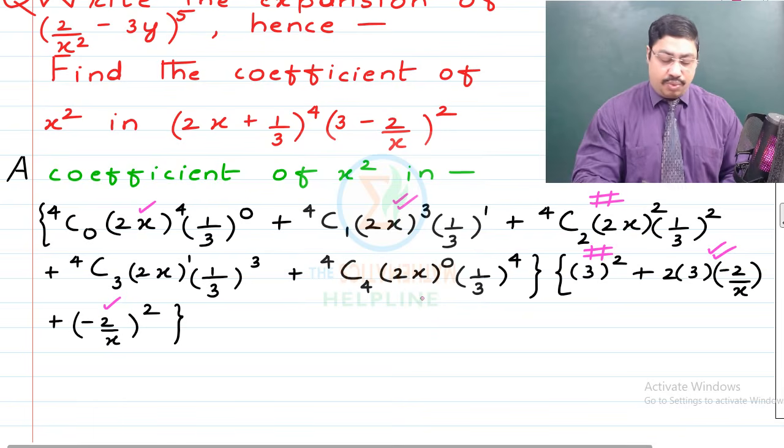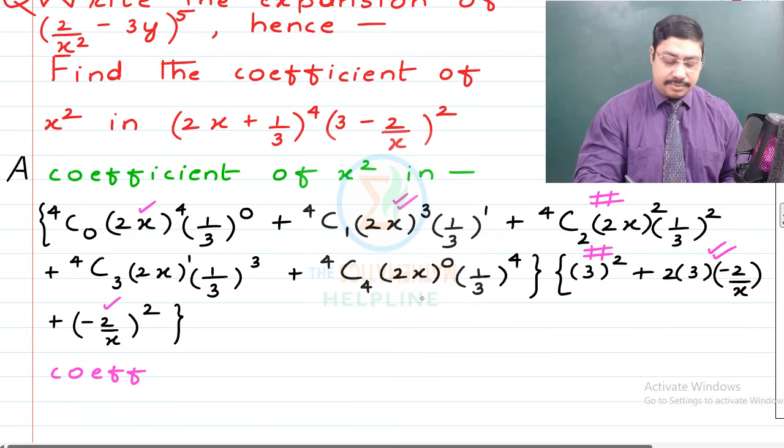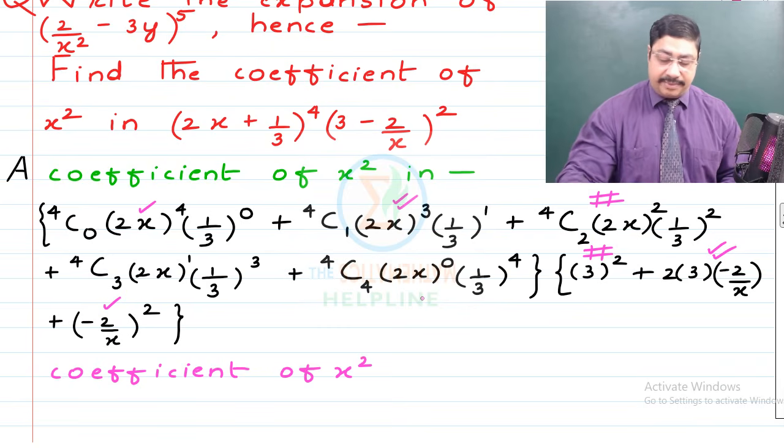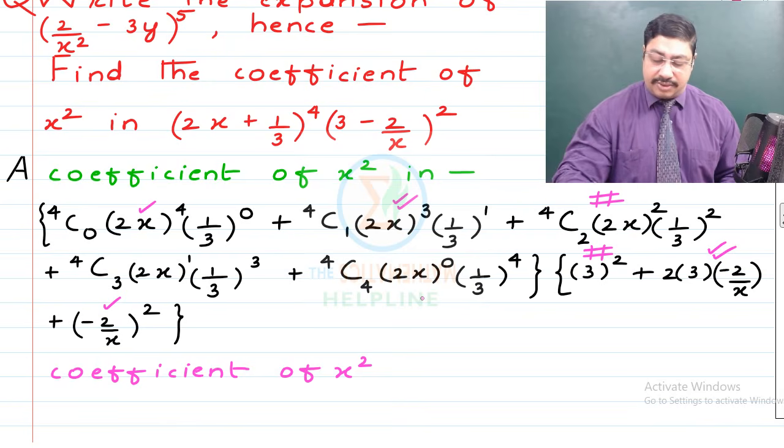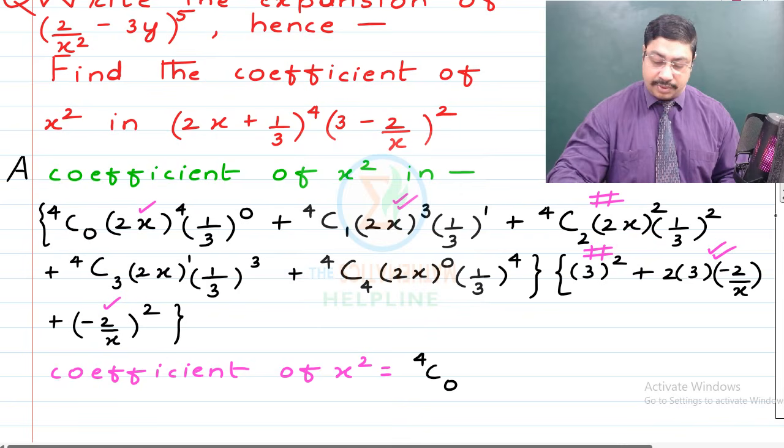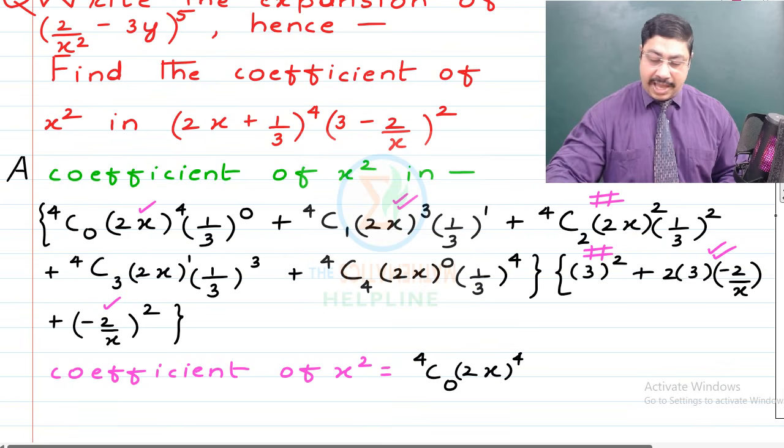So next step now, we will say that the coefficient of x square, thus, is going to be found out by the sum of these. So what are these? The first now is when you have 4C0, 2x raised to the power 4, and 1 upon 3 raised to the power 0.